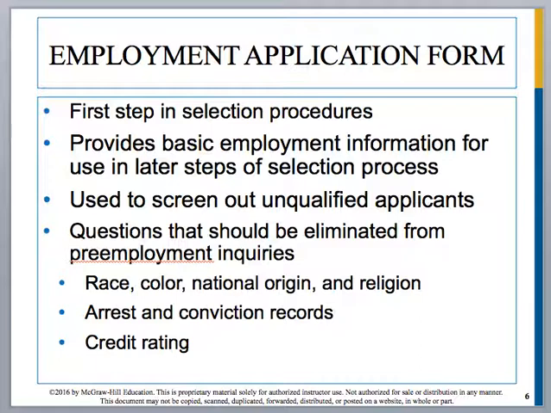Now, arrest and conviction records. Courts have said that your arrest record is an unlawful basis to refuse hire unless you can show that such a policy is job related. And once again, a lot of organizations are discriminating, and there's no way for them to show it. They're not showing it.